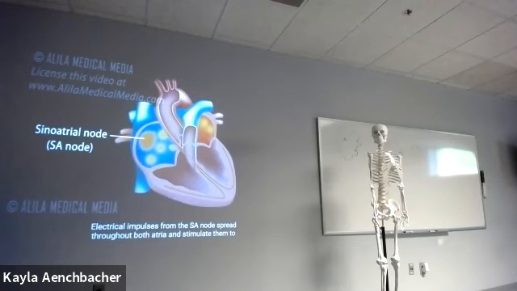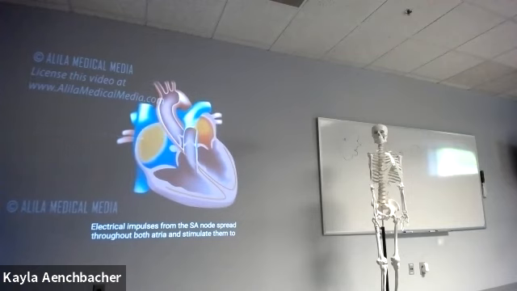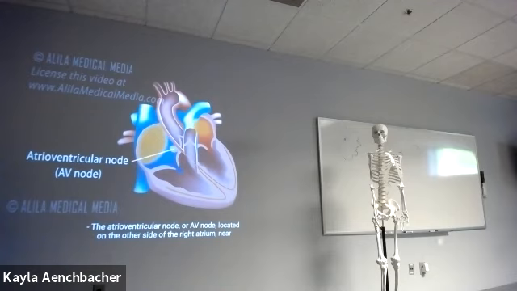Electrical impulses from the SA node spread throughout both atria and stimulate them to contract. The atrioventricular node, or AV node, located on the other side of the right atrium near the AV valve. The AV node serves as an electrical gateway to the ventricles. It delays the passage of electrical impulses to the ventricles.